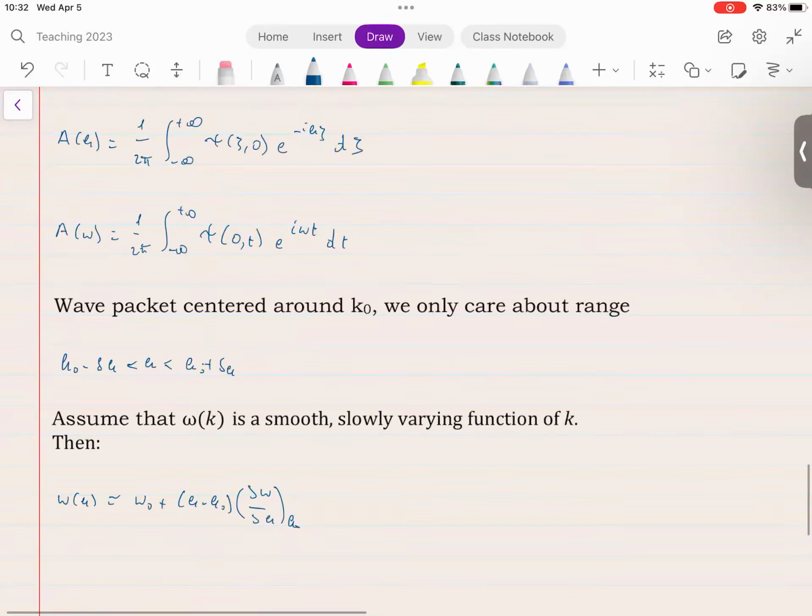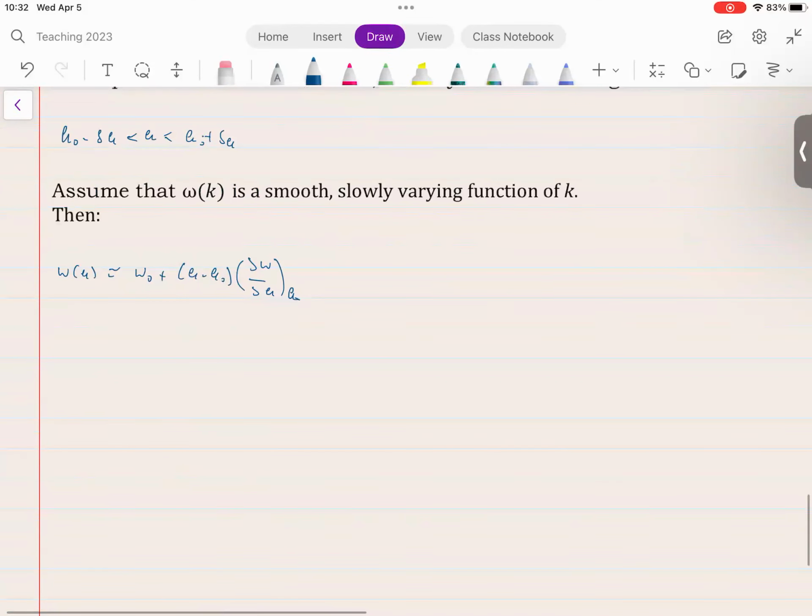Let me put this in writing. Wave equation 16. What I'm going to do is replace omega with this expression that I just wrote, and I'm only going to do it for the phase factor. I'm not going to write the whole thing.